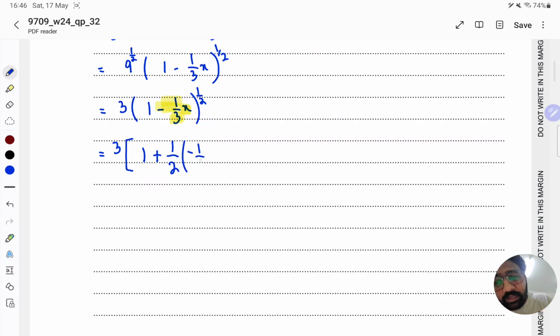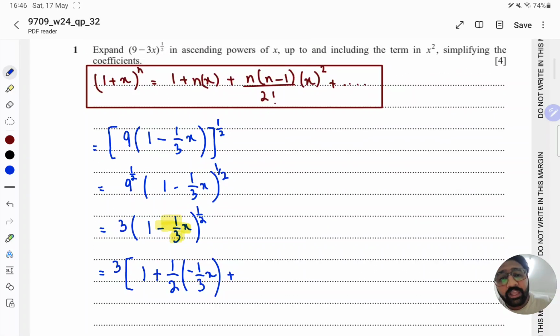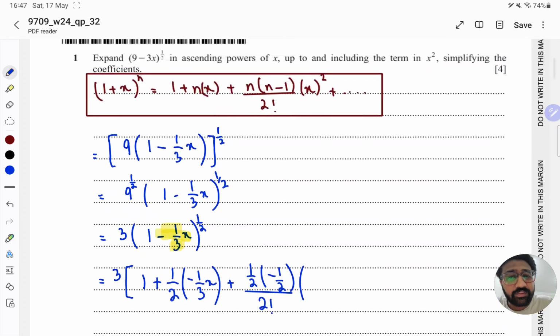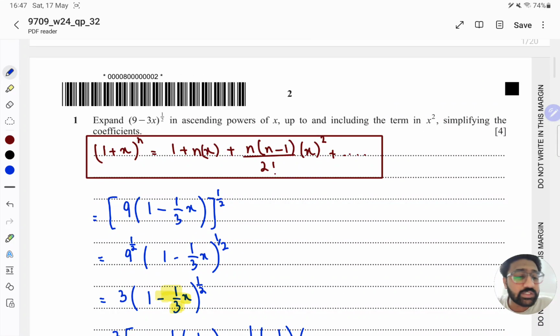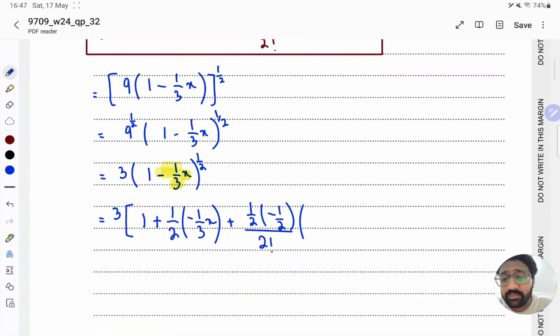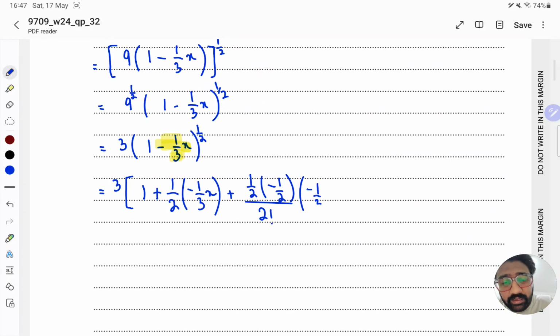So it's minus 1 by 3x plus n into n minus 1. So n is 1 by 2 into n minus 1, 1 by 2 minus 1 will be minus 1 by 2. Divide this by 2 factorial into, if you see over here, it is x square. So x square means the square of the second term. The square of the second term will be minus 1 by 3x whole square.